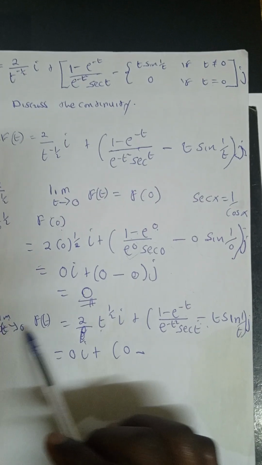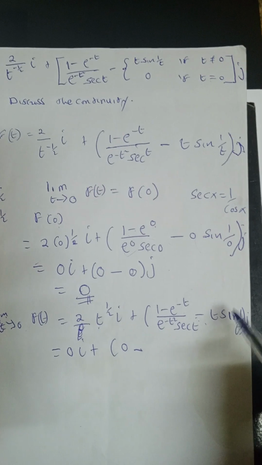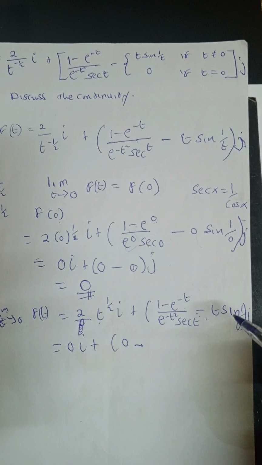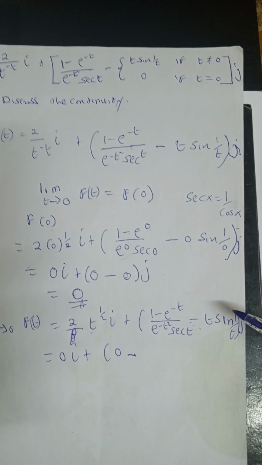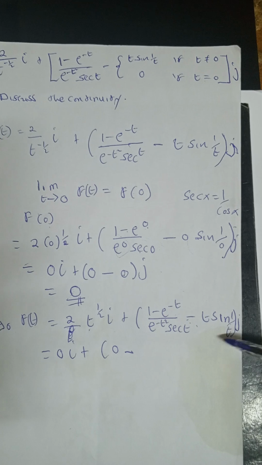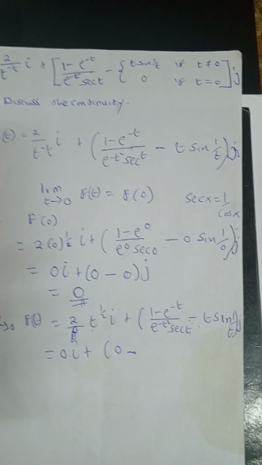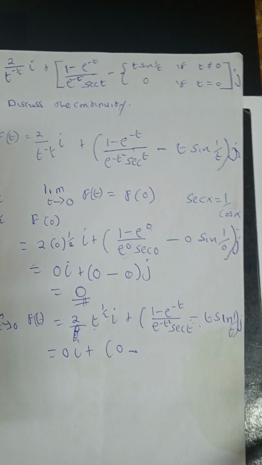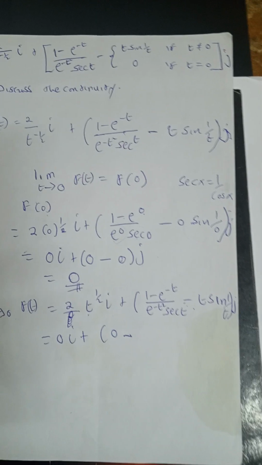As the limit as t approaches 0 for this function, is it going to be 0 or is it going to be infinite? We have to ask ourselves that question, because 1 over t, when t is approaching 0, we know that it is going to be infinite. To prove this, it would be very hard if we just want to use the limit way.